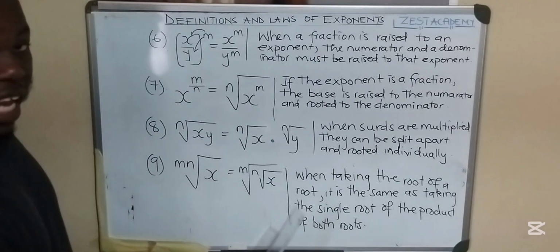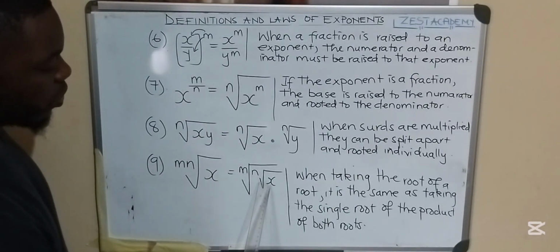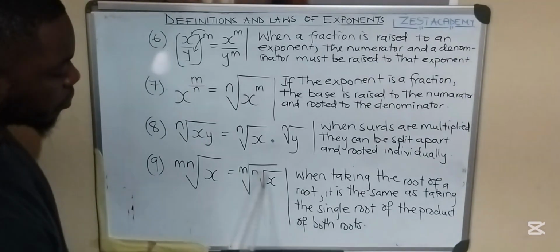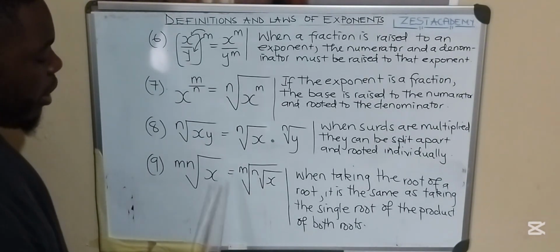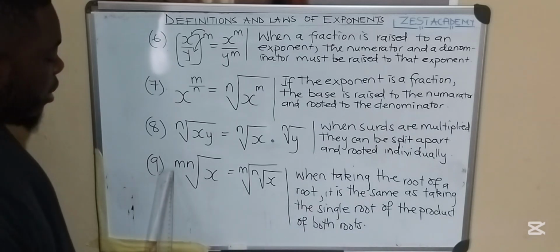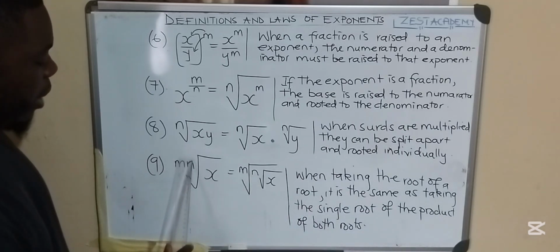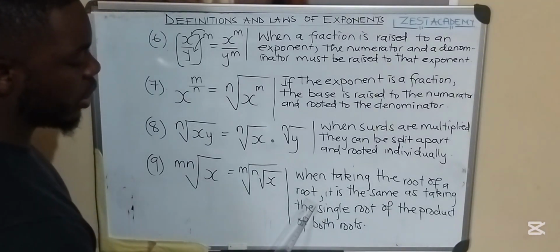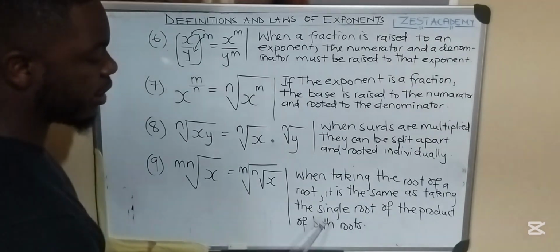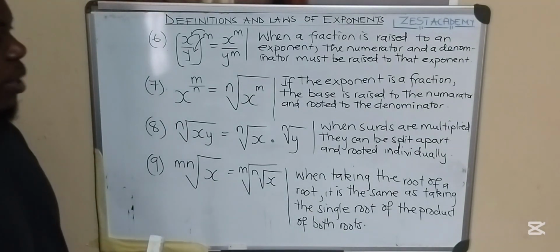Taking the root of x, you can see that here x is rooted to both m and n, so it is actually the same as the product. You multiply m times n, so you have mn. When taking the root of a root, it is the same as taking the single root of the product of both roots. So that's what they mean here.